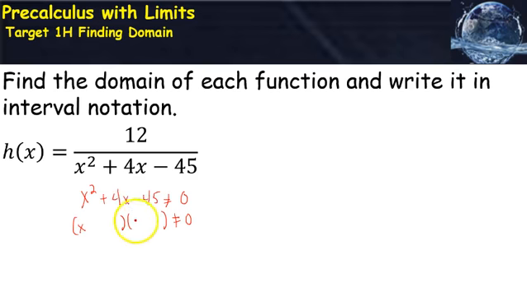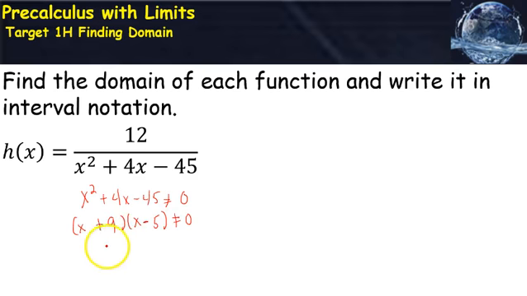So x and x gives me the x squared, and 45, there's a bunch for 45. 3 and 15, 9 and 5, I need 4, so 9 and 5 is going to be the winner there. And I need a positive 4, so I need a positive 9 and a negative 5. So let's just double check. This is going to give me negative 45. This is going to give me a positive 9x and negative 5x for a 4x.